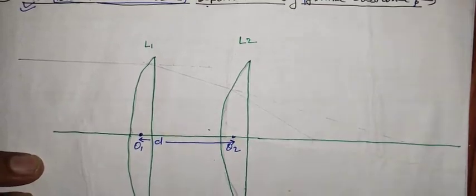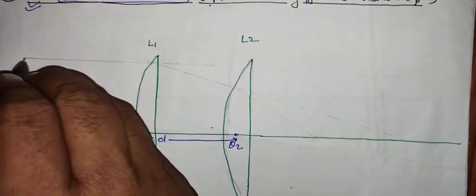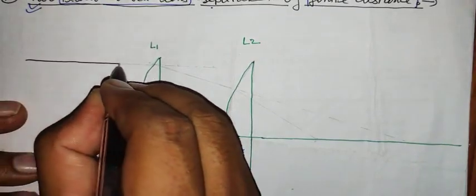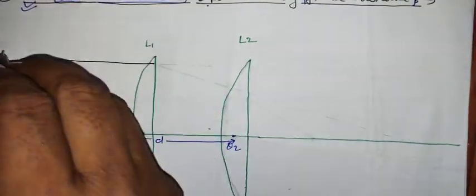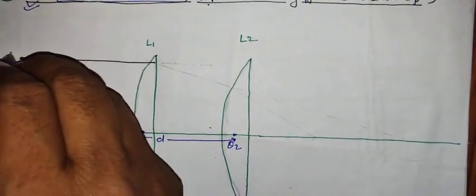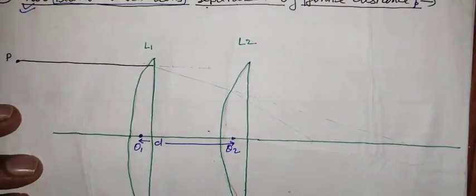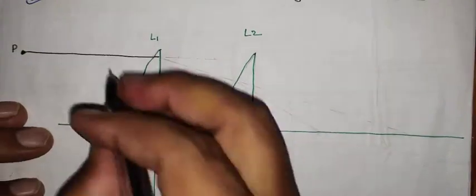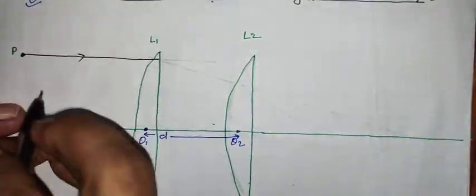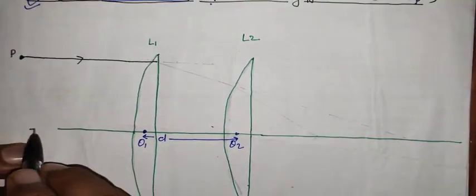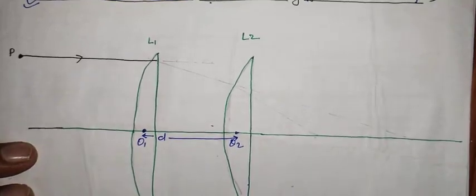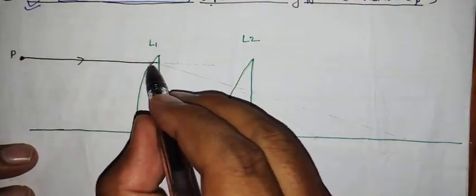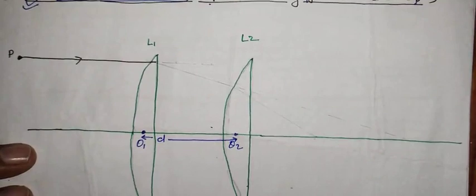Let us see the ray diagram. Let there be an object at point P. A parallel ray of light, parallel to the principal axis, is allowed to fall on the plano-convex lens.